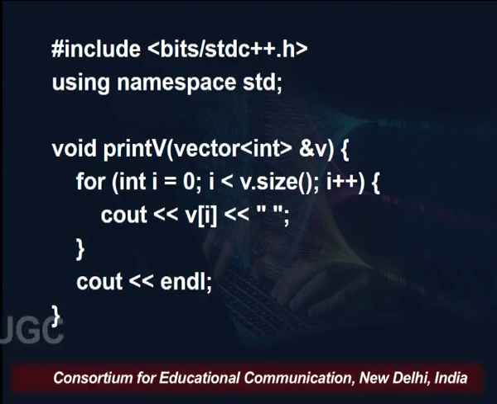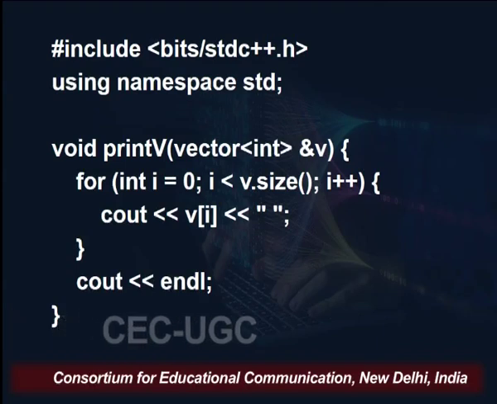In order to look into this code snippet, first of all we will be including the bits/stdc++.h header file, so that whenever I am using vector, I need not qualify it with std.